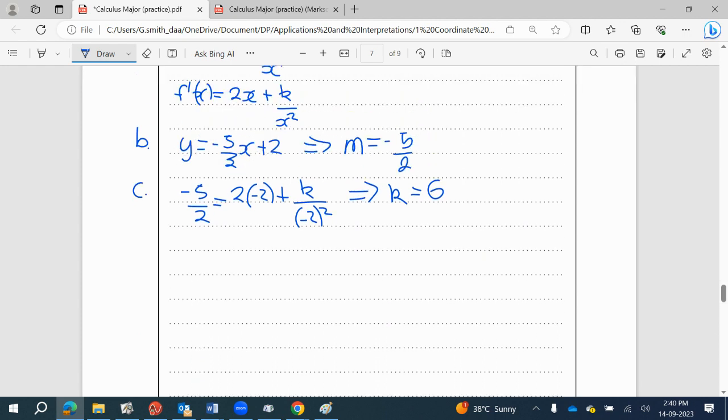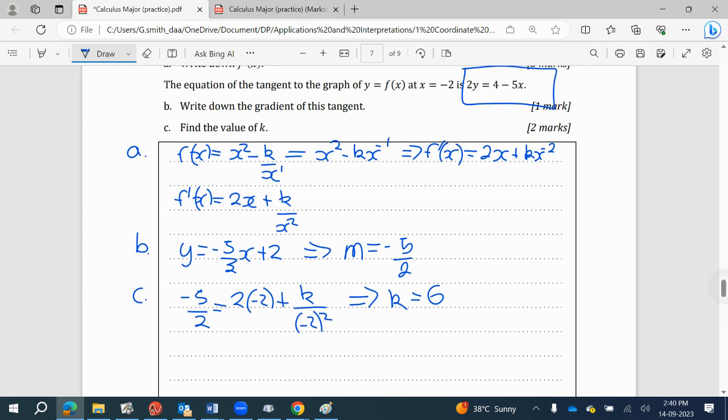Can I ask you one question? I'm a bit confused how the negative 5 was the number that became the gradient instead of k on B. Okay, so why was it negative 5? We have 2y equals 4 minus 5x.